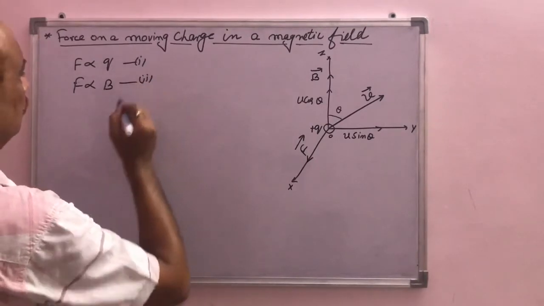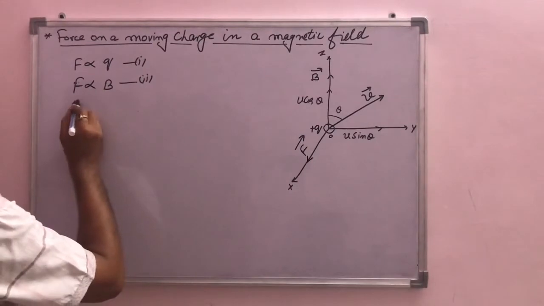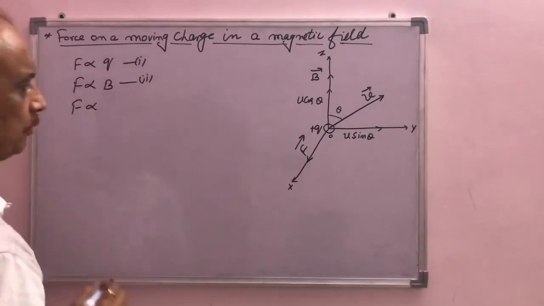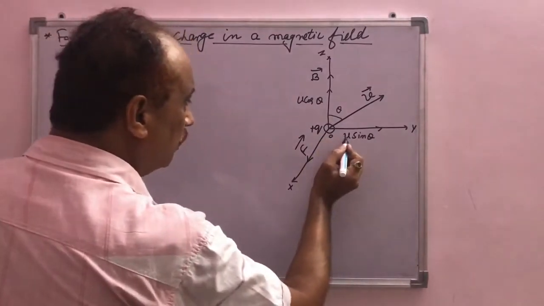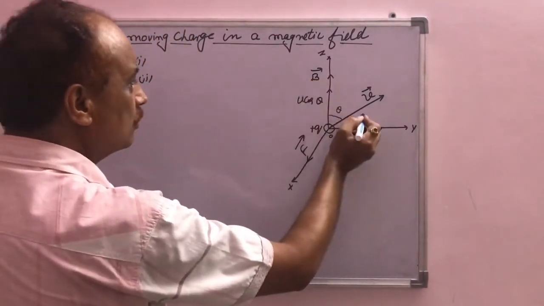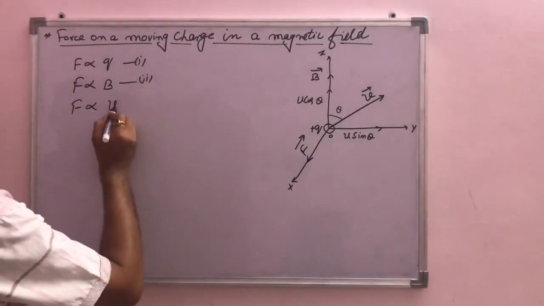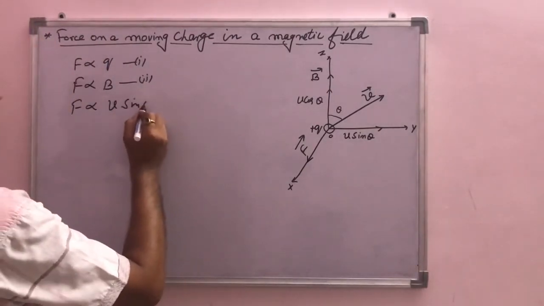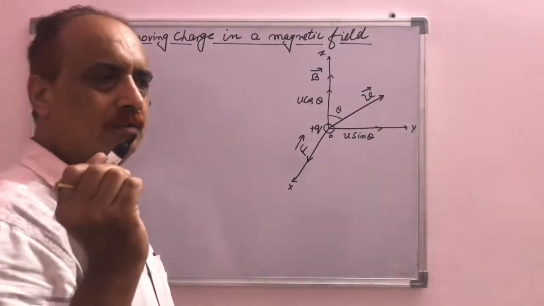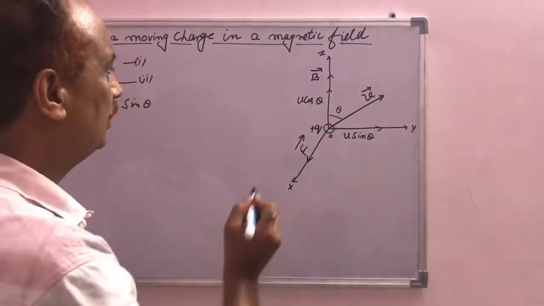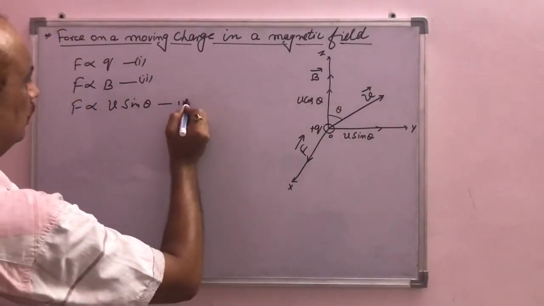That is equation number 2. And then the force is also directly proportional to the component of the velocity perpendicular to the direction of the magnetic field. It means it is v sin theta, since v sin theta is the normal component with respect to the direction of the magnetic field. So it is equation number 3.